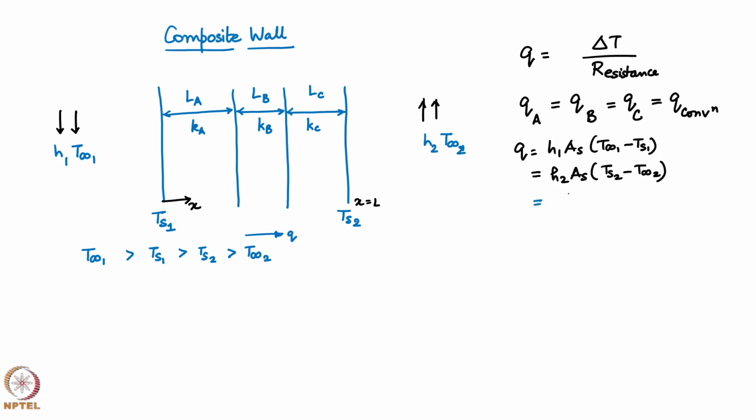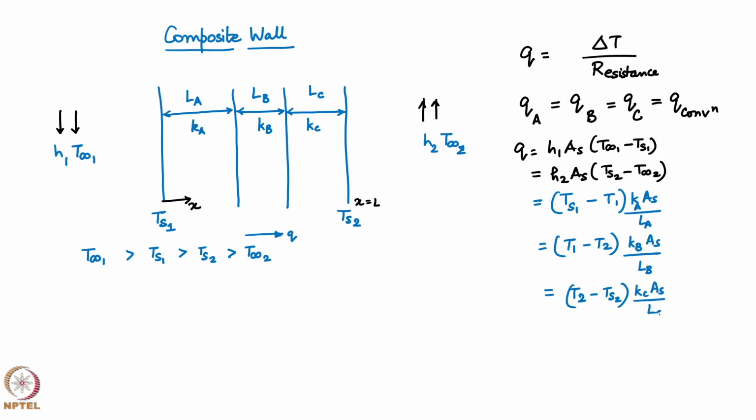Now, this is the same as T S 1 minus T 1 times K A A S by L A, which is T 1 minus T 2 times K B A S by L B, which is equal to T 2 minus T S 2 times K C A S by L C. What are these?